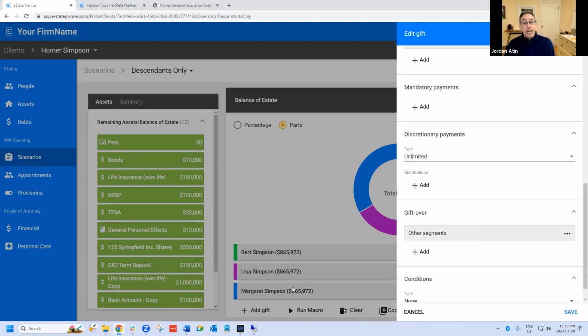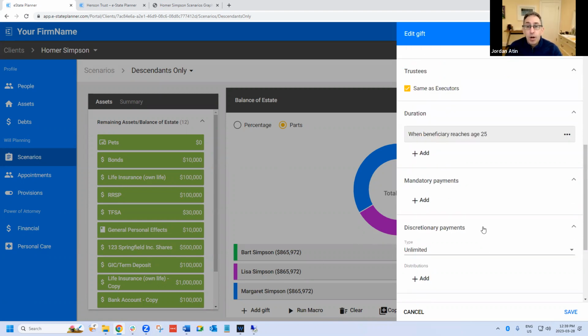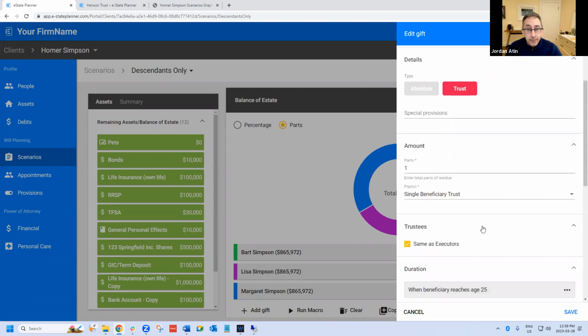Okay. So if you wanted to by default go to the other segments, in other words, if Lisa's not alive at the end of the trust, we want it to be distributed to Bart if he's alive, and if Bart's not alive, to whoever his gift over beneficiaries are, et cetera, then other segments is what you want.